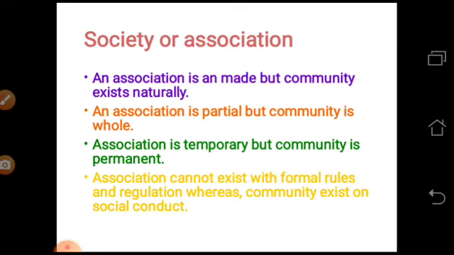So only social contact, like the things we are learning through socialization, with that only the community will exist. But for association we need to make certain formal rules and regulations which are written.